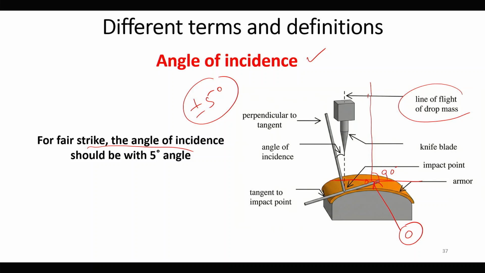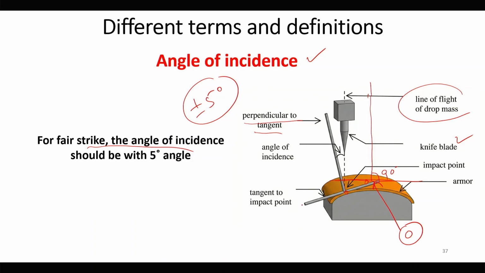But to simulate the body curvature, we can have some curved surface. So, this is the knife blade, and here is the perpendicular to the tangent. This point is the point of impact.